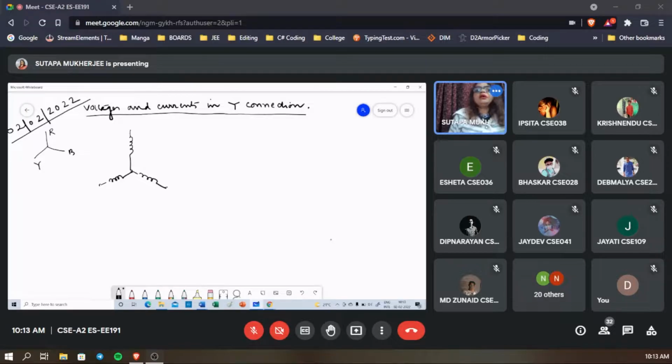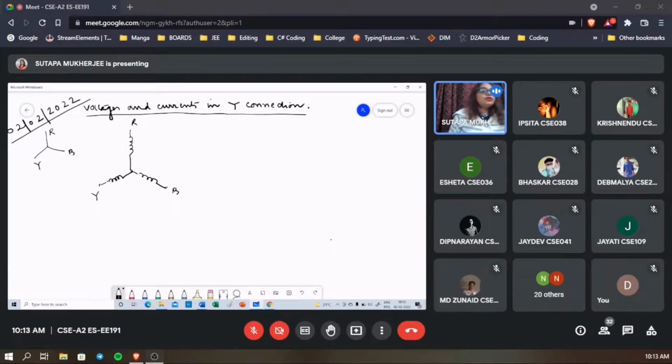This is 3-phase. They are separated by an angle. What is the angle? 120 degrees. Very good. So this is, say, R, B, Y. If you consider the current, this is one phase, say R phase, this is B phase, this is Y phase.